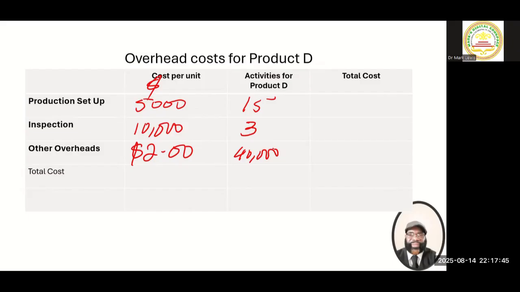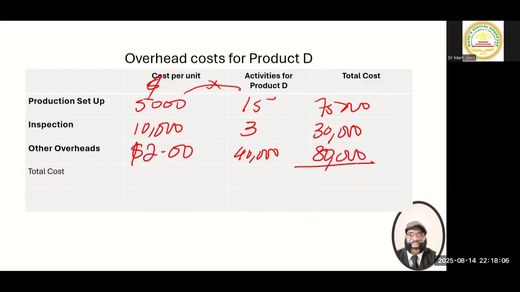So if we multiply now, 5,000 times 15 would give us $75,000. 3 times 10,000 would give us $30,000. And 40,000 times 2 would give us $80,000.